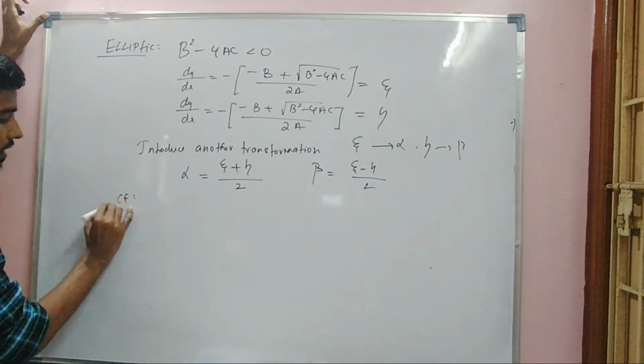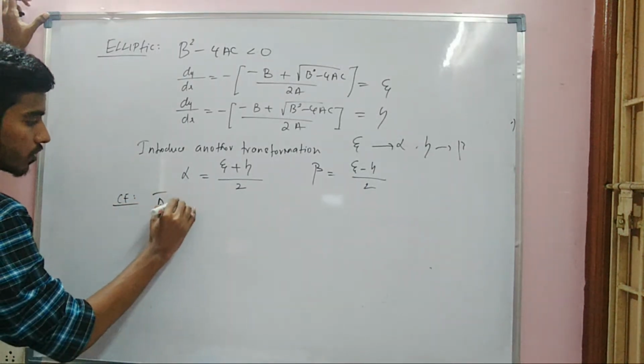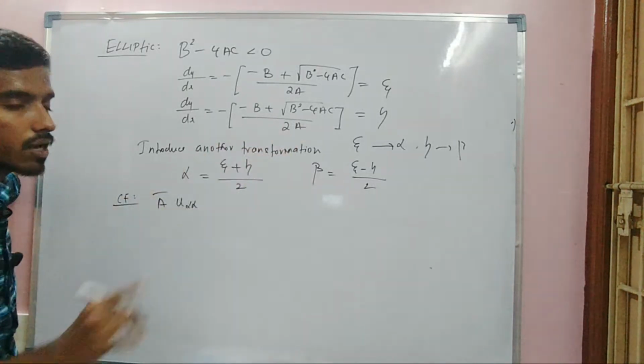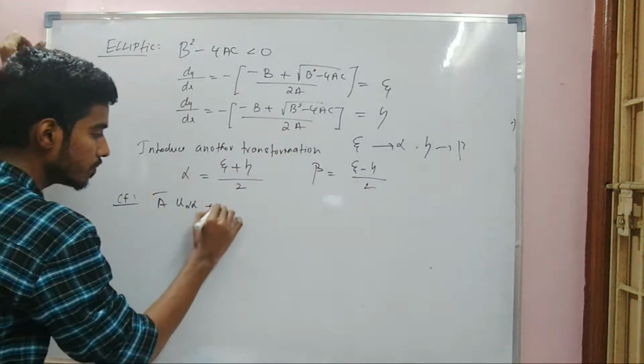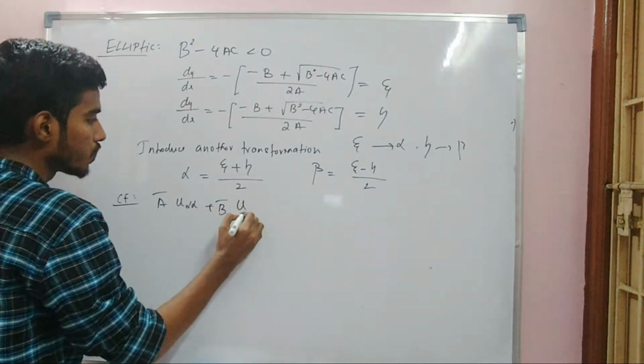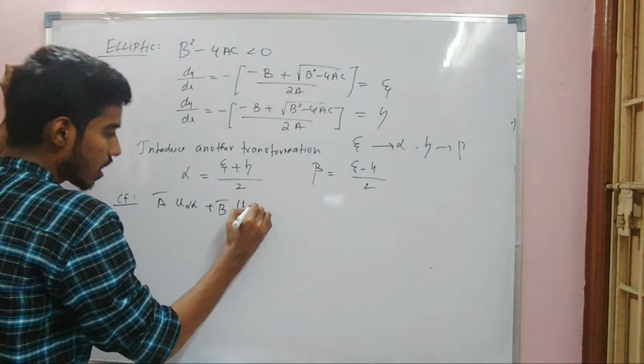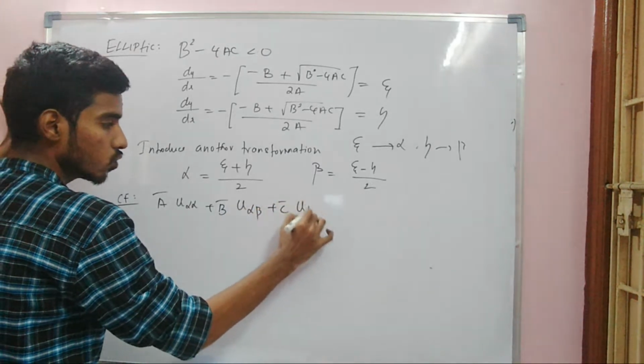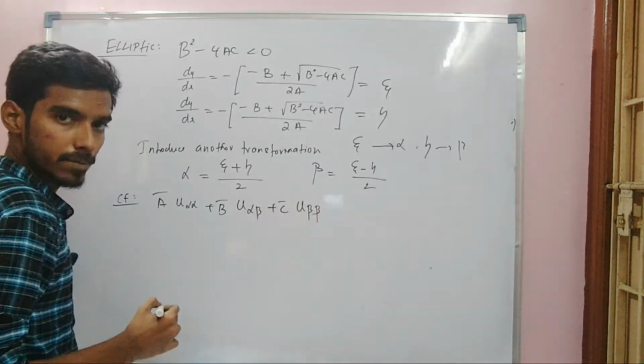So what will be the canonical form? A bar u alpha alpha, in place of theta, alpha, plus b bar u alpha beta, plus c bar u beta beta, right?